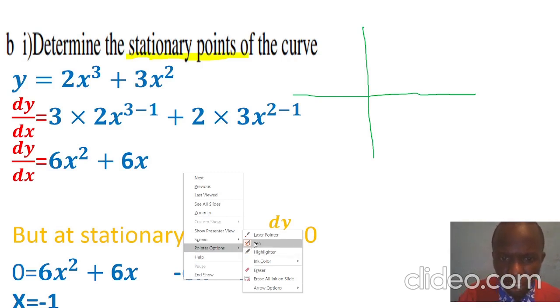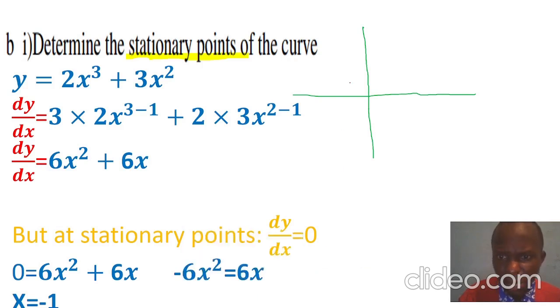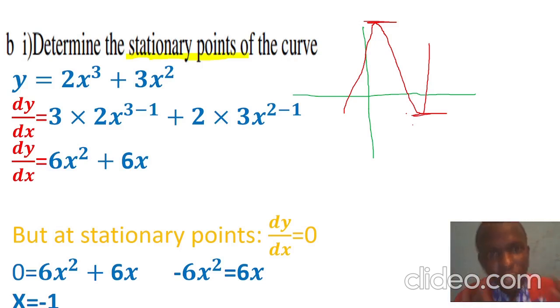We can call it a turning point if you like, or you can call it a minimum or a maximum. You look at that point. This point here is what we call a turning point or a stationary point. That point where the graph turns around is what we call a stationary point.